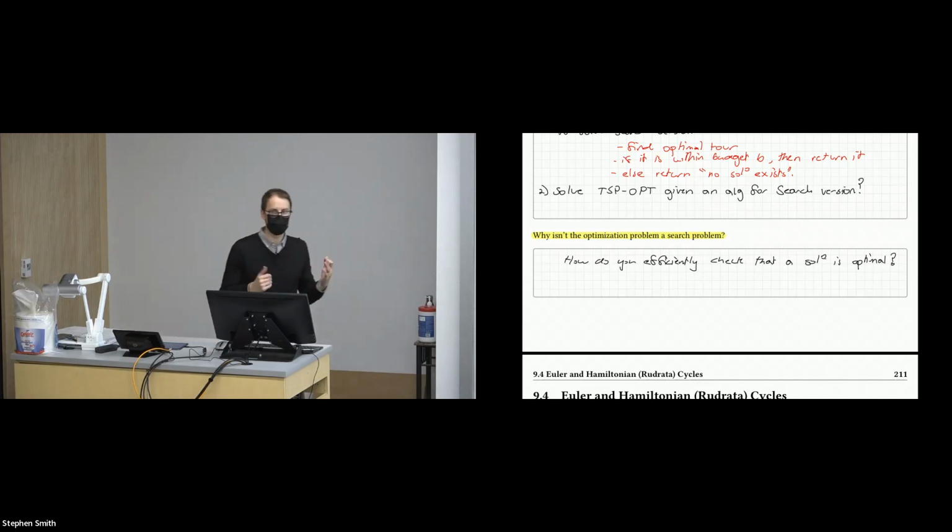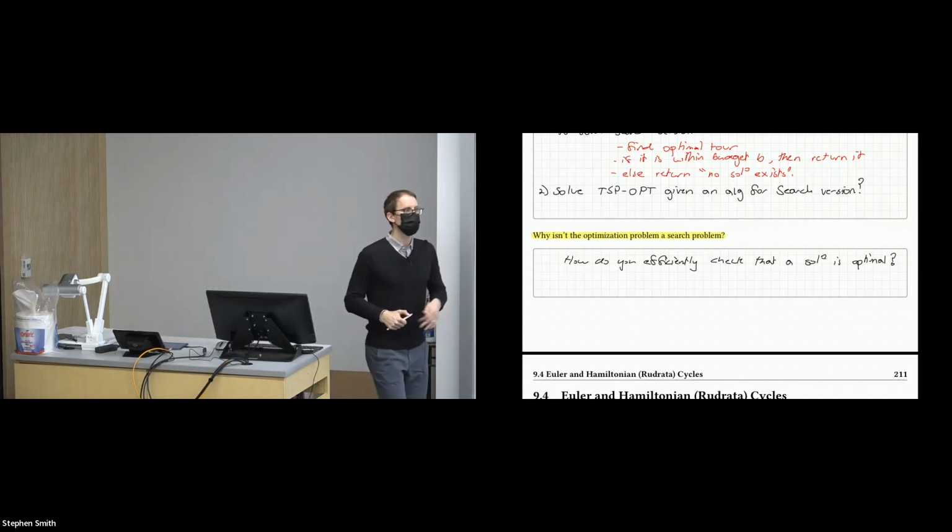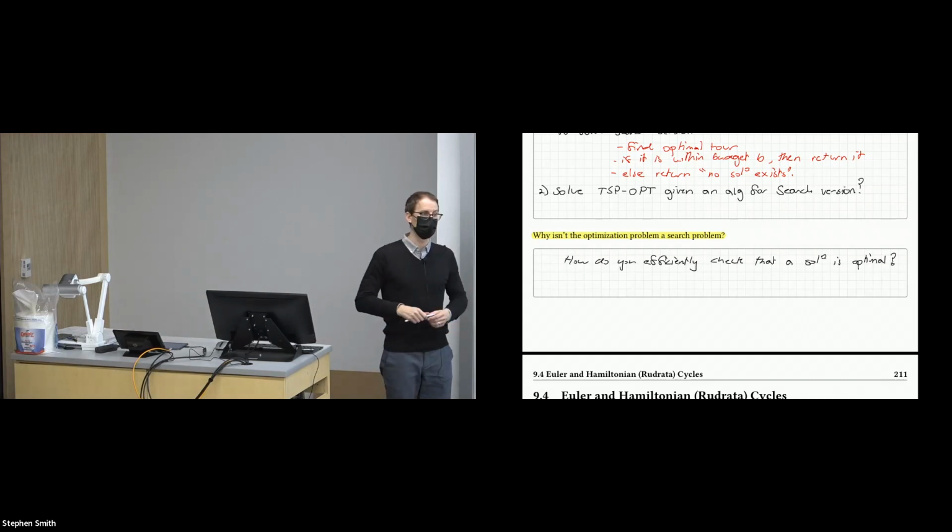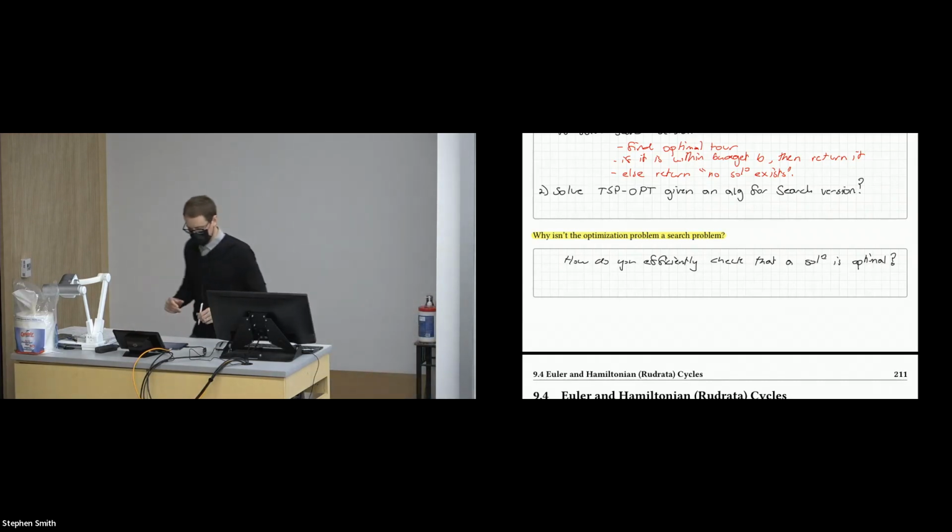And we don't know of an efficient way because TSP, as far as we know, is a hard problem. Both the search version and the optimization version are hard problems.